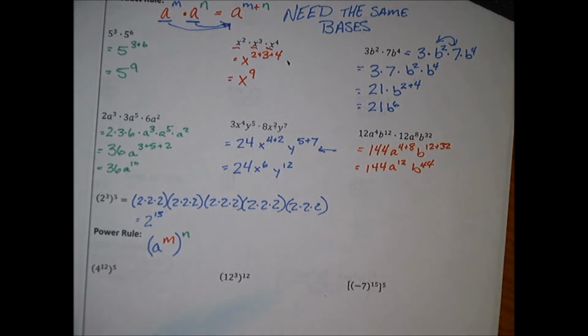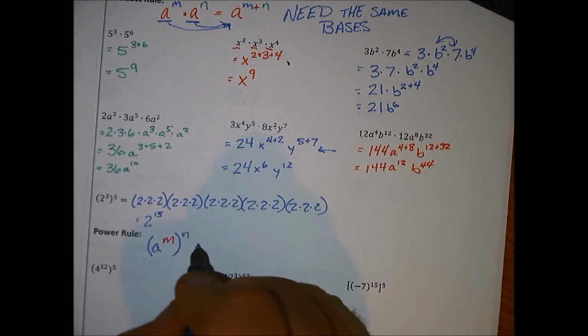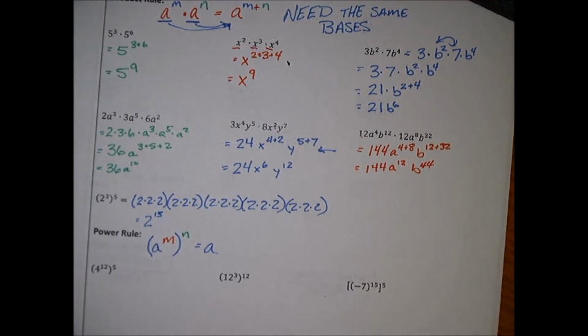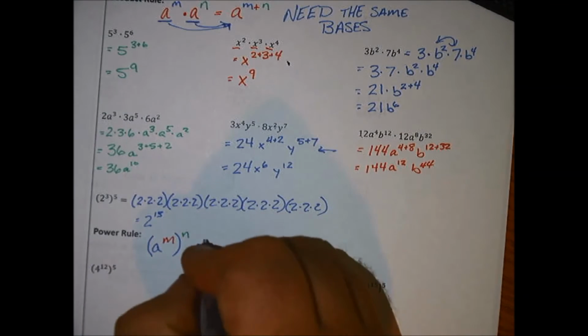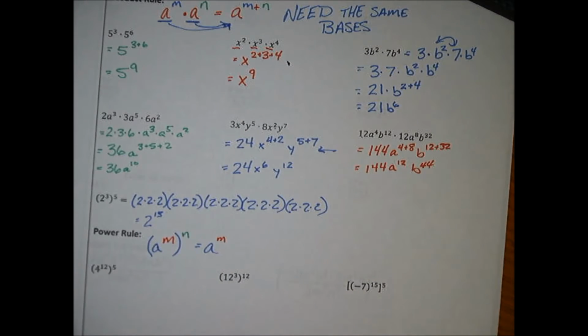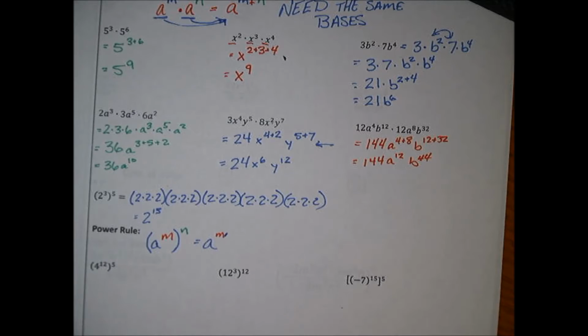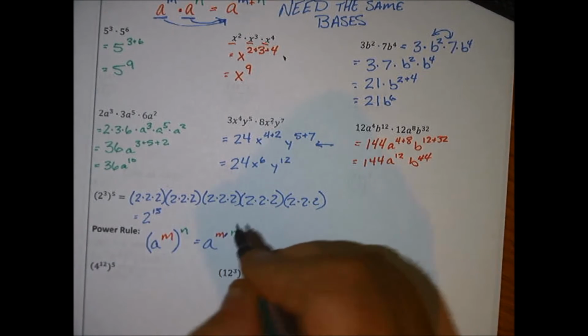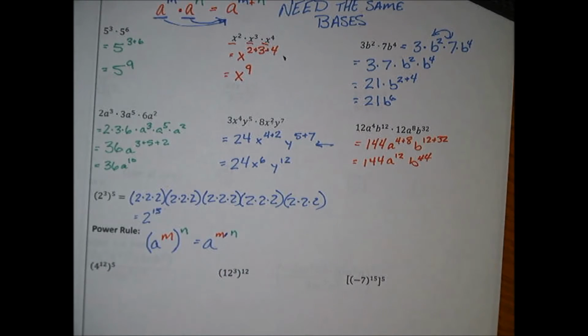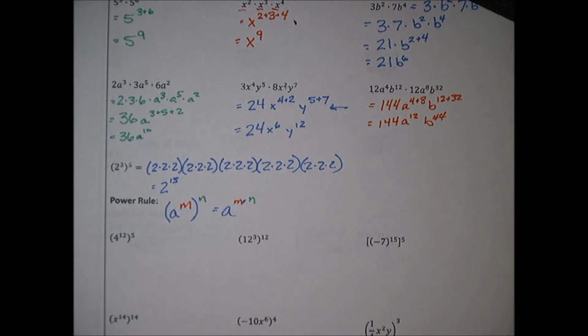Then we would get a to the m times n power. That's going to be our answer there. So we're going to multiply those m and n together to give us our answer. All right, let's go ahead and see what that looks like.